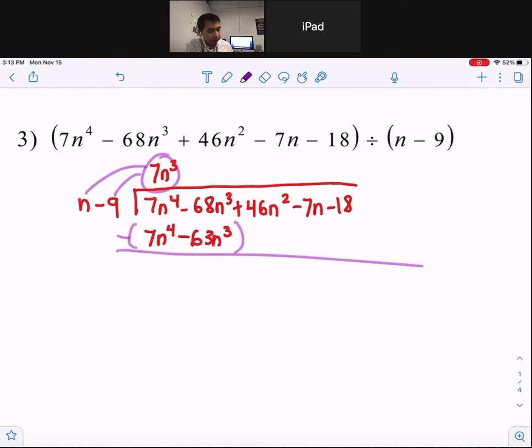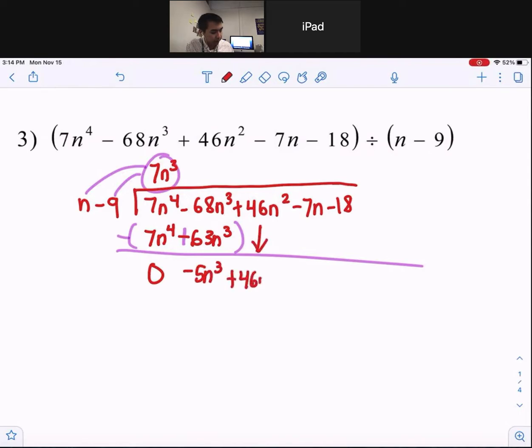Subtract. So 7n to the fourth minus 7n to the fourth, that's 0. And then negative 68n to the third minus negative 63n to the third. This is really going to be a positive, right? So that's going to be negative 5n to the third.